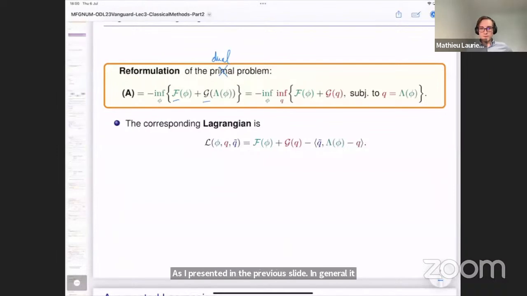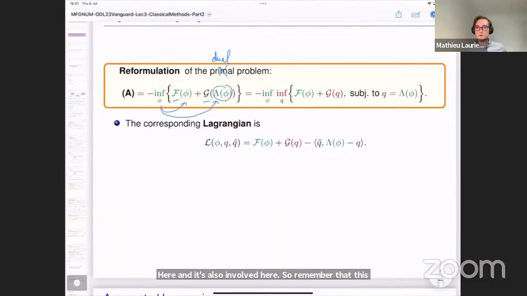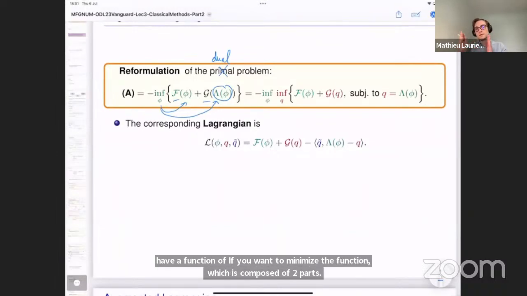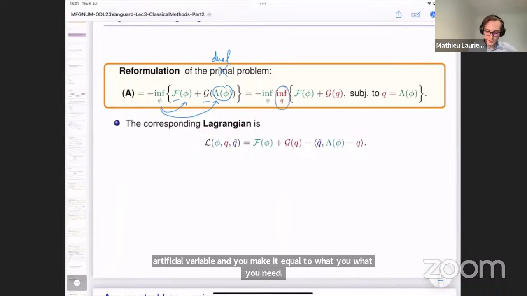In general, it would be hard to solve this problem directly because phi is involved here and it's also involved here. So remember that this function lambda is basically taking the partial derivatives of phi. So the idea of the augmented Lagrangian method is, if you want to minimize a function which is composed of two parts, in the second part you introduce an artificial variable and you make it equal to what you need. So here we introduce an artificial variable q.